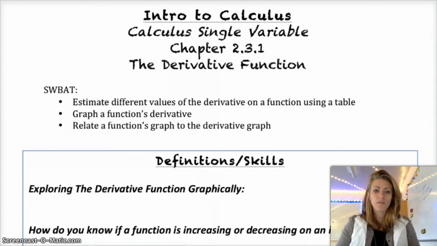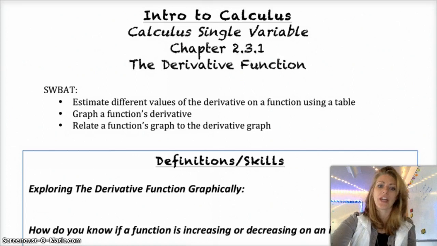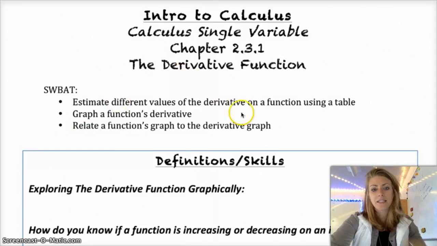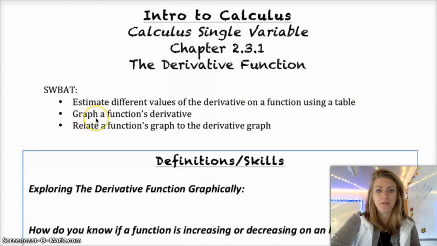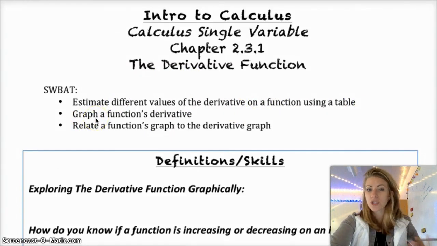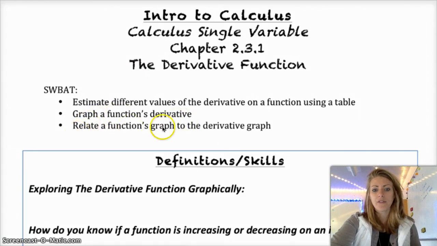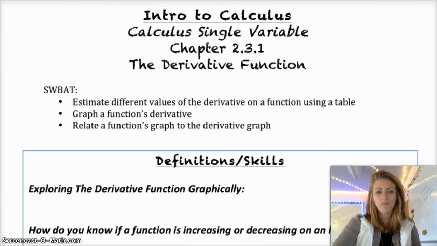But in this particular video, we're going to be talking about how to estimate values of the derivative using a table. We're going to figure out how to graph a function's derivative and then relate a function's graph to the derivative's graph.